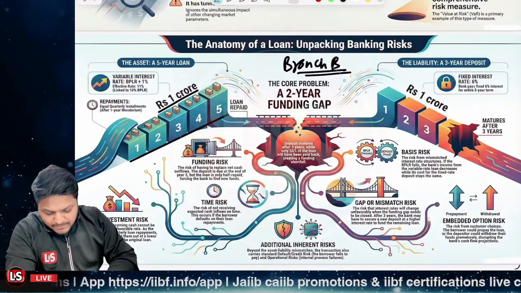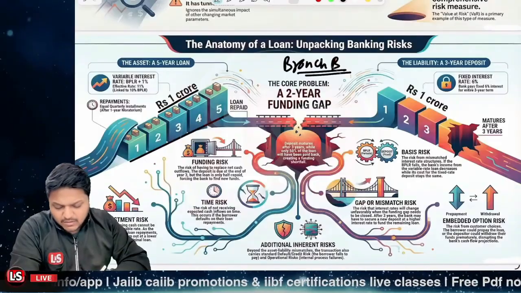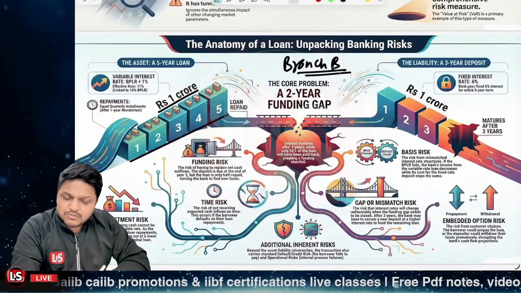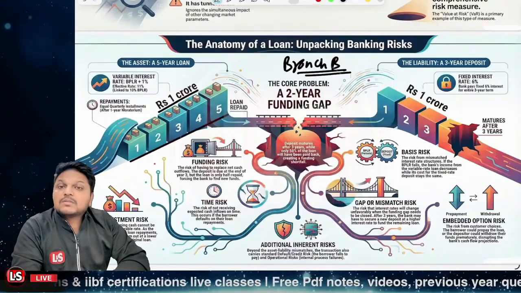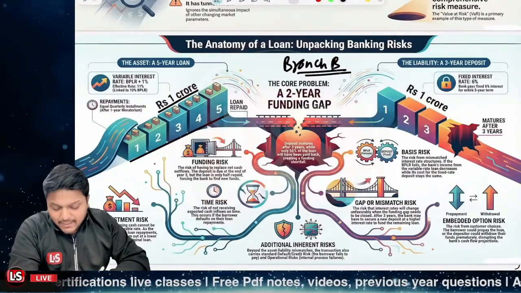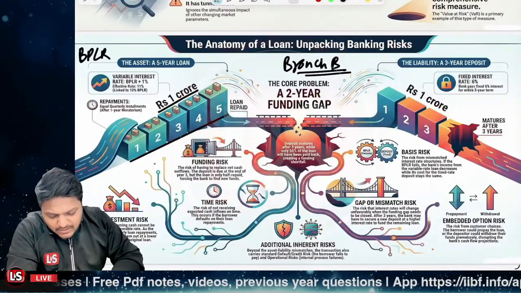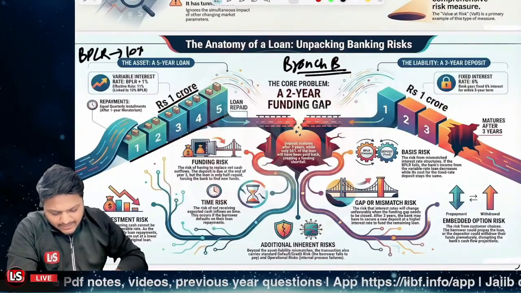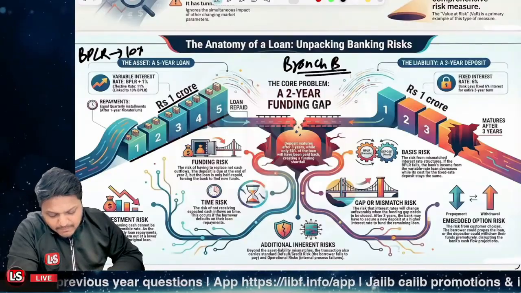BPLR is the base prime lending rate, and it was used previously. Right now it is MCLR, the marginal cost of lending rate, or it could even be the external benchmark lending rate. So let's say the BPLR is 10%, and the loan is given at BPLR plus 1%.